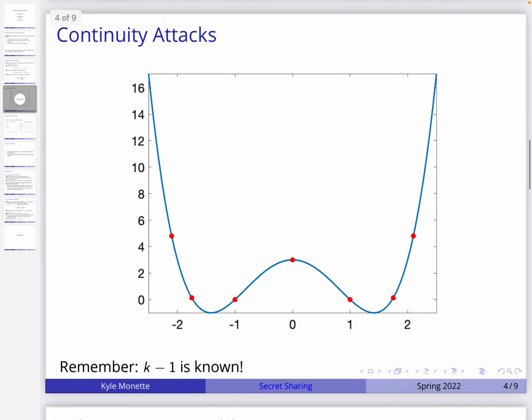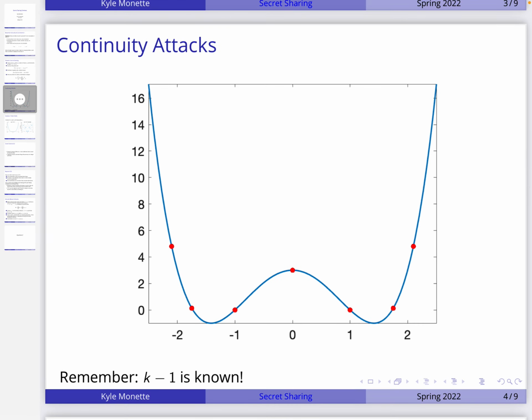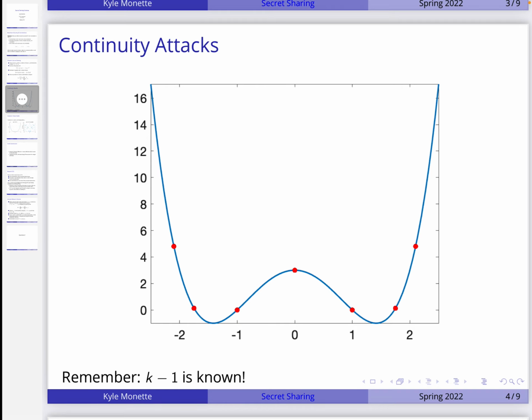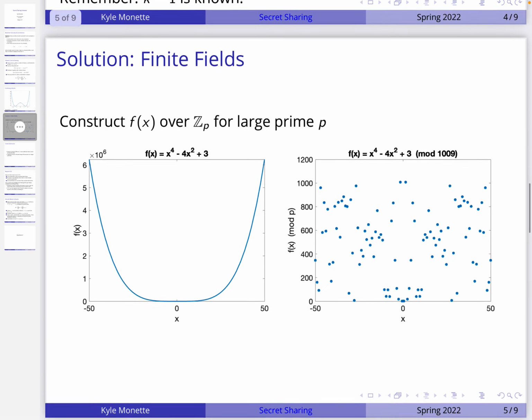And so we really don't want to use real value polynomials. And this is where the prime comes in, because you can run your polynomial through a finite field.